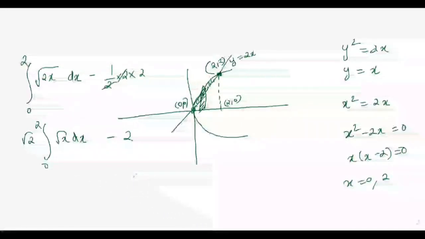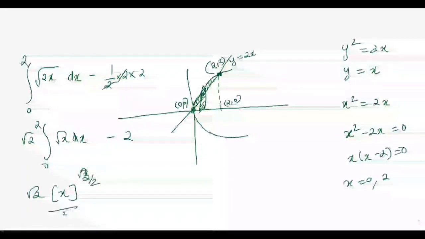So x raised to 1 by 2 plus 1, divided by 1 by 2 plus 1. So that is x raised to 3 by 2 divided by 3 by 2, isn't it?